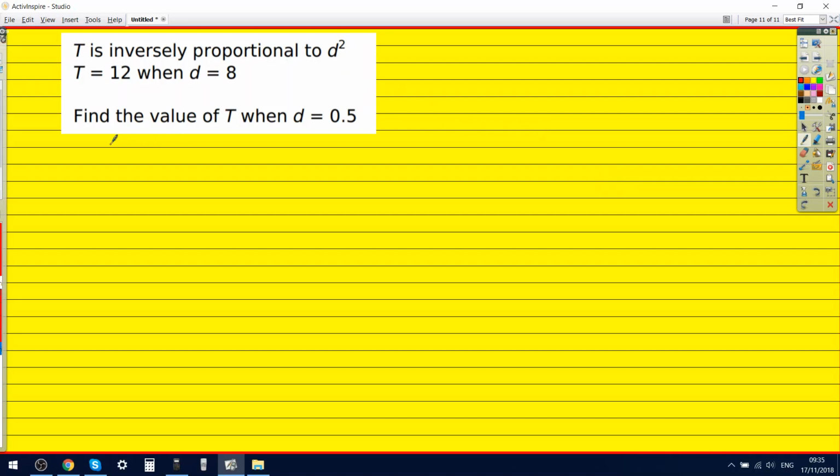Okay, so I think the equation here is c equals k over d squared. So that's 12 equals k over 8 squared. And so 8 squared is 64.